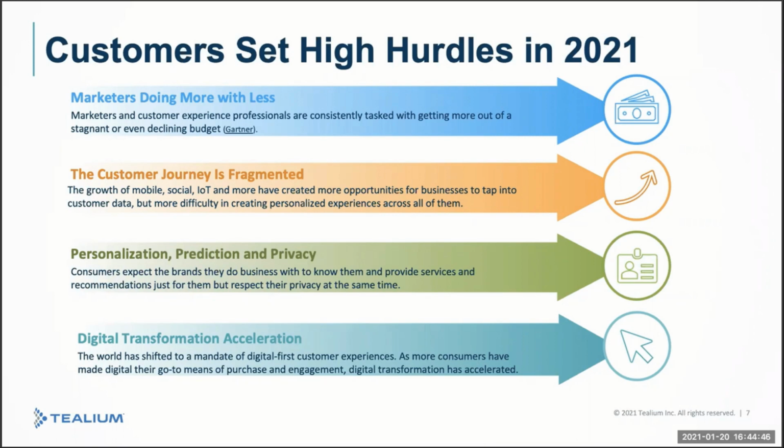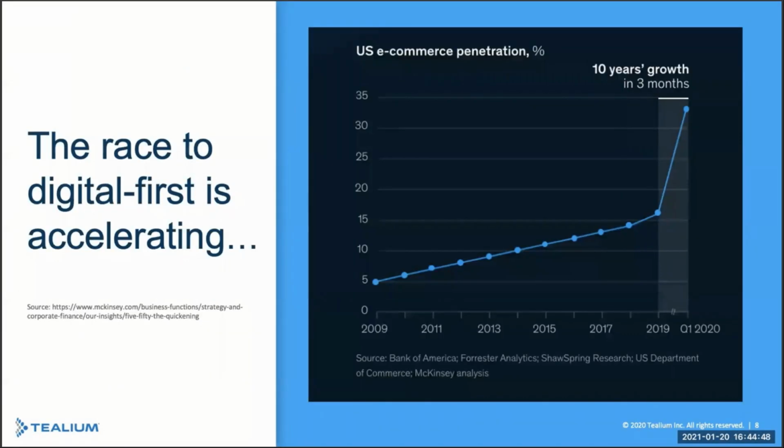This was a huge race at the beginning of last year, towards the COVID-19 pandemic. This is data from McKinsey, tracking US e-commerce penetration from 2009 all the way up to 2019. You see this steady journey in terms of how much economic penetration e-commerce has.